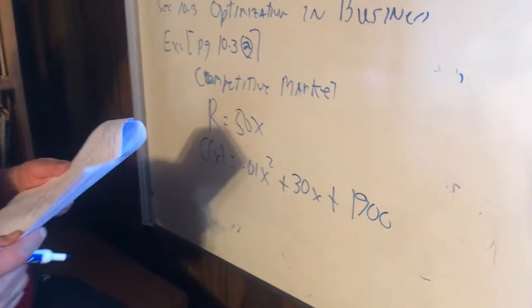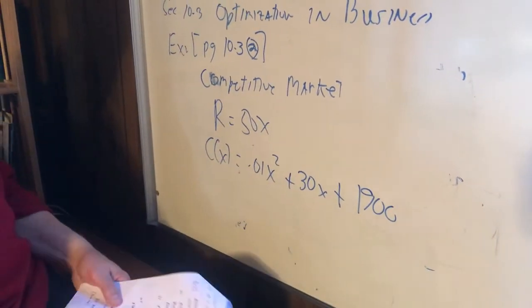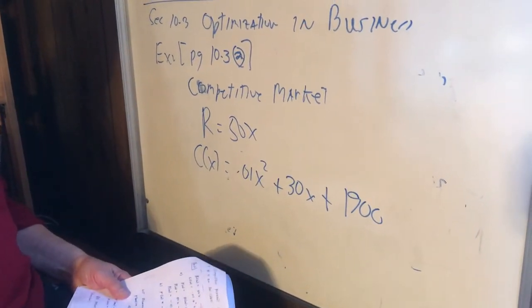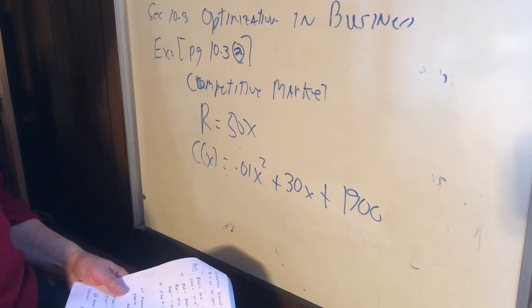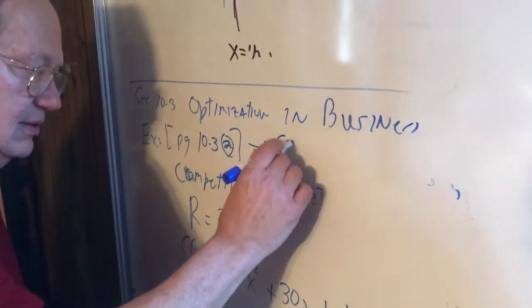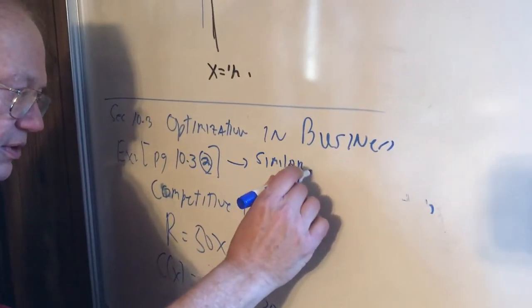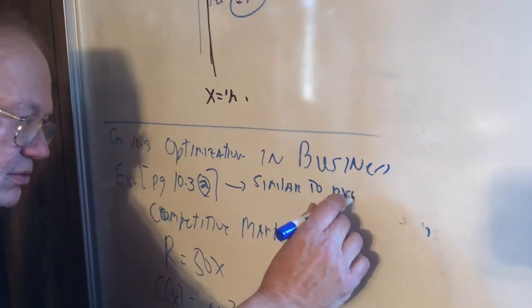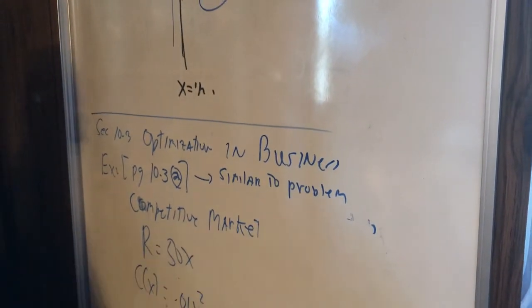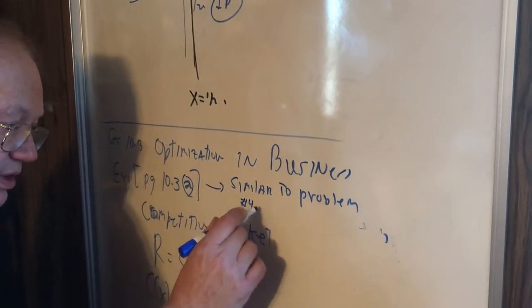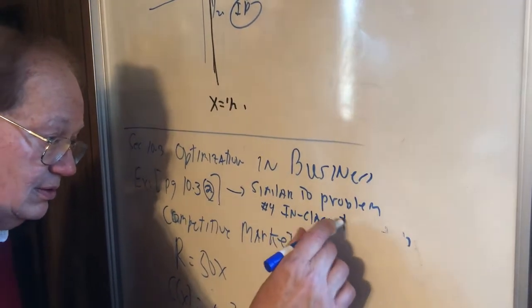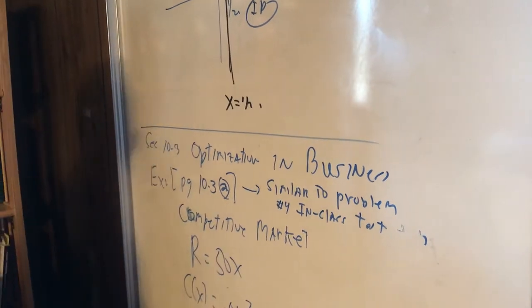So what do we want to find? Well, we want to find the profit function, and we want to find the max min points. This is very similar to problem number 4 on your in-class test, not your take-home test. So let's go and solve it.